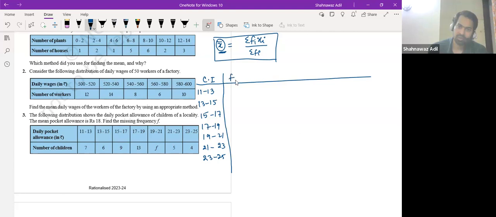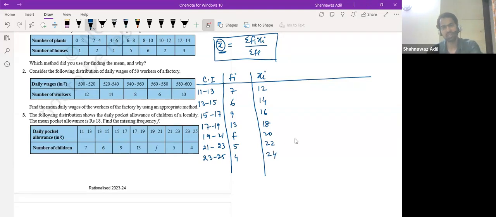Okay, so frequency is 7, 6, 9, 30, F, 5 and 4. And we have to calculate the class marks. So the first thing that we calculate is the class marks, right? This is 12, then 14, then 16, then 18, 20, 22, and 24.